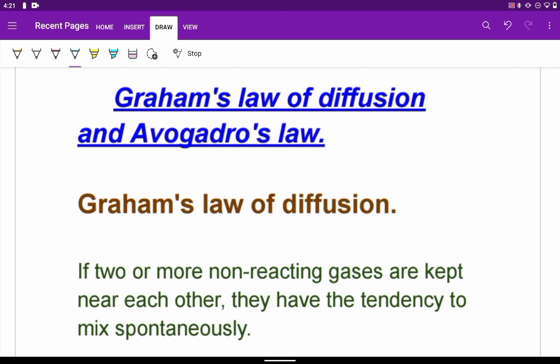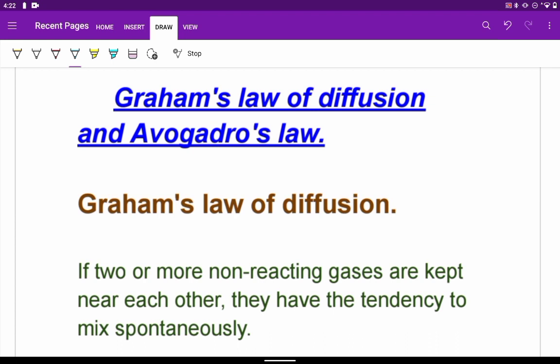Now see, if we have two gases, and they should be non-reacting gases, and if we keep the gases side by side, then there is a tendency of movement of molecules of one gas into the other, and this movement takes place from an area of high concentration to an area of low concentration.